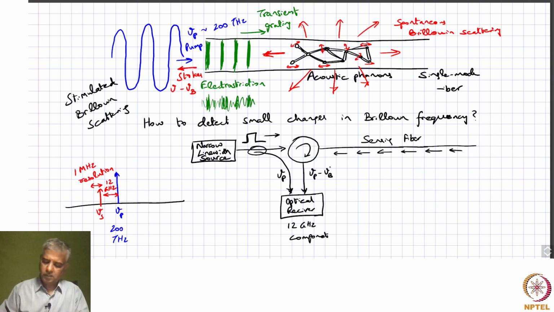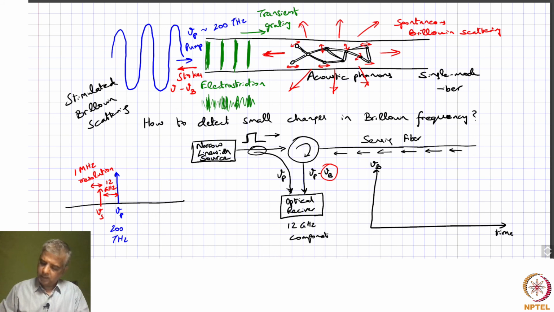What you are interested in is picking up this nu b, and then once you pick up nu b, you can look for changes in nu b as a function of time. So, finally, you are plotting nu b as a function of time.